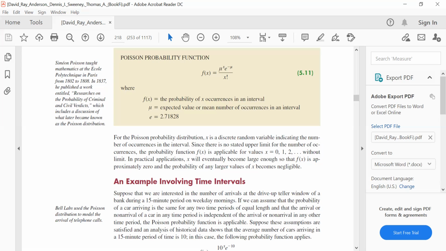And now in Poisson probability function, that is f of x is equal to mu power x e power minus mu divided by x factorial, in this equation, there is only one parameter, that is mu, the mean.